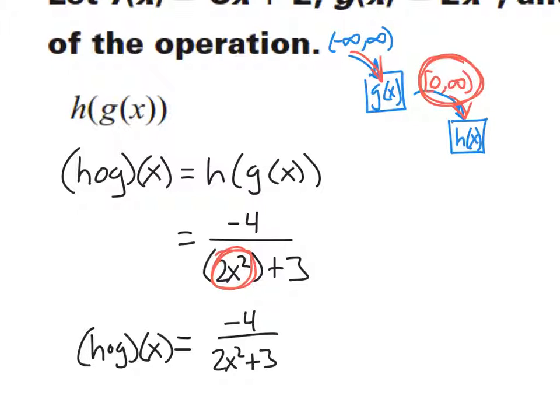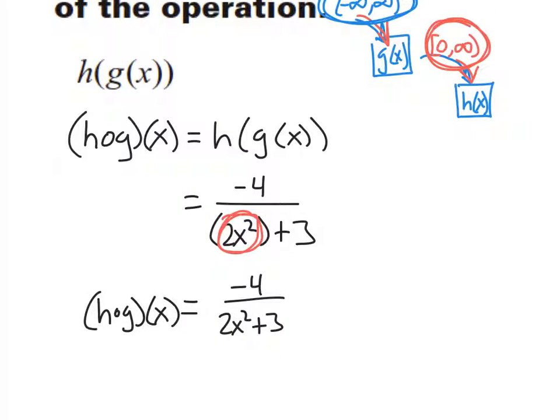No. If I plug in any real number, am I ever going to have a problem? No, because the output will always be a number I can use, 0 to infinity. So the domain of this is going to be -infinity to infinity. I'm never going to get a value that causes me issues.